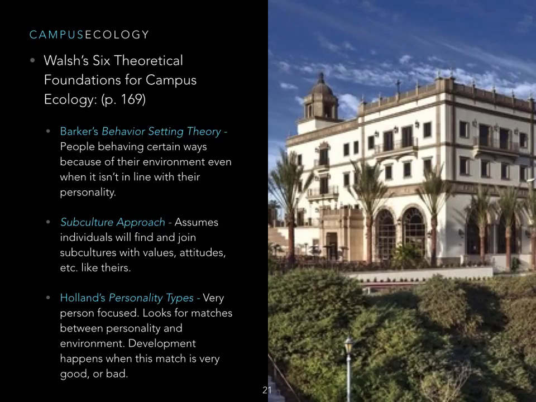Or inversely, I joined a fraternity, I absolutely hate it, but now I'm pushing up against what my values are, so I'm really learning because this match is so bad. Something about this model is that it's either very good and affords development, or very bad and also affords development.